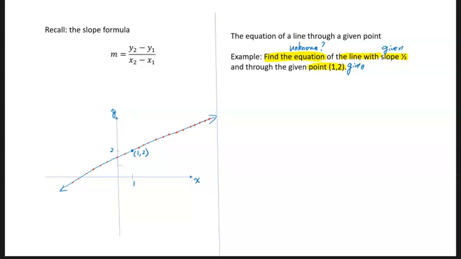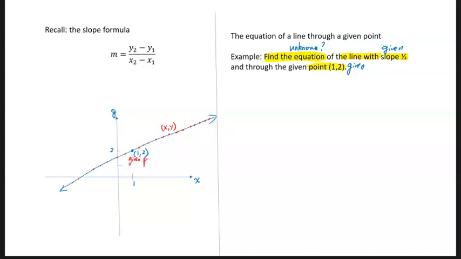We don't know the equation, but we know any of the points corresponds to an ordered pair with the x coordinate, let's just call it x, and y coordinate, let's call it y. So any of these points can be represented by an ordered pair of numbers x and y. And notice that we got 2 points. One of the points is given by the problem, 1 and 2. So this is a given point.